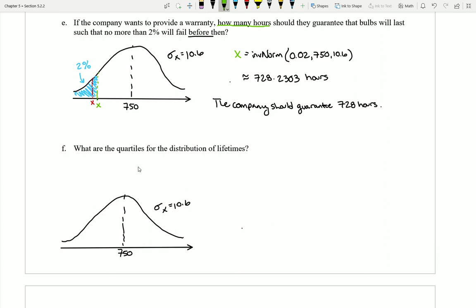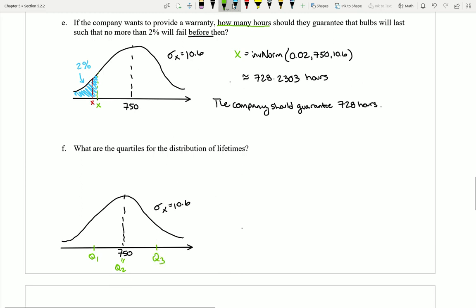I know that quartile number 2 is the median, and that should be dividing the data set in half. So actually, isn't 750 the same as quartile 2? Isn't that exactly the median? It divides the data set into 50% of stuff on the low end and 50% of stuff on the high end. I then know that quartile number 1 should be somewhere over here, and quartile number 3 should be somewhere over here.